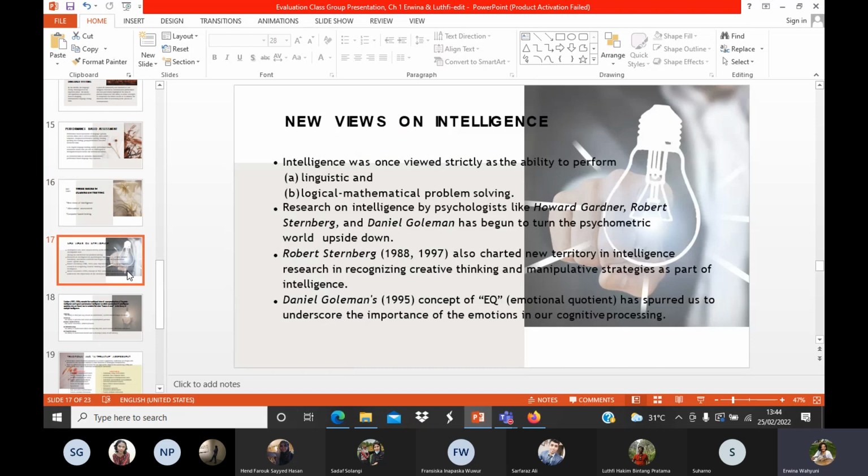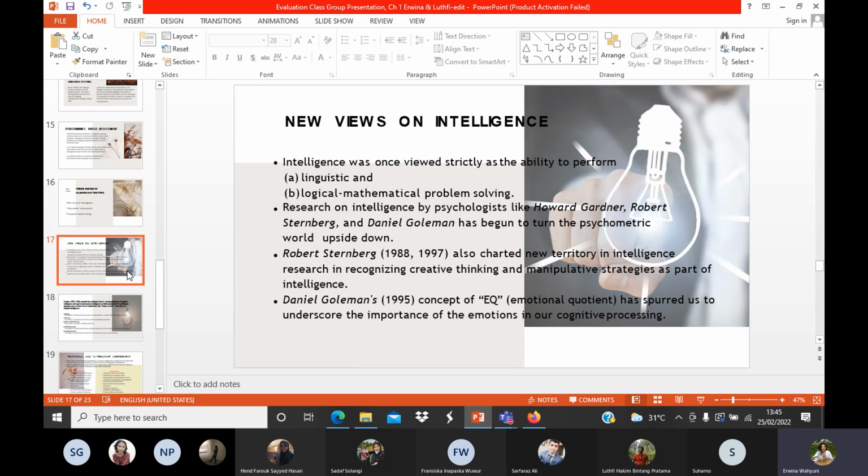The first issue we are discussing here, the new theories of views on intelligence, was previously viewed as the ability to perform linguistic and logical-mathematical problem solving.